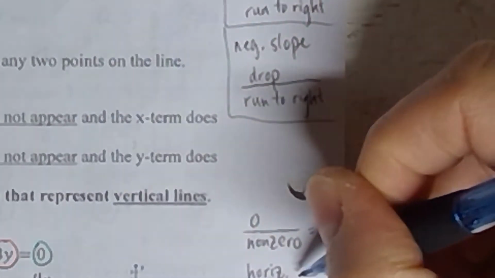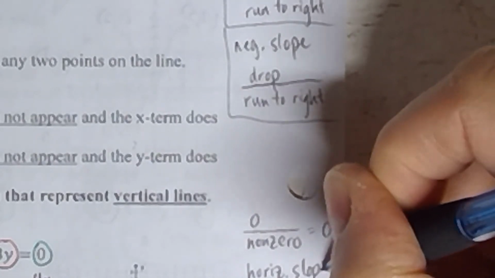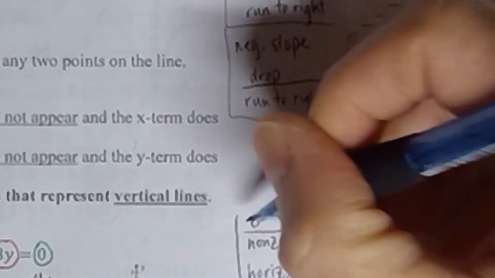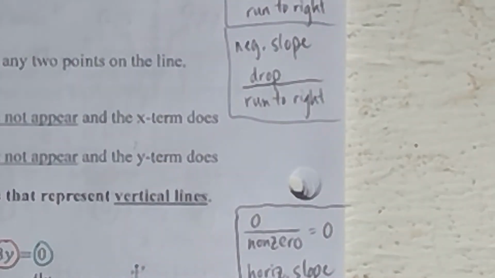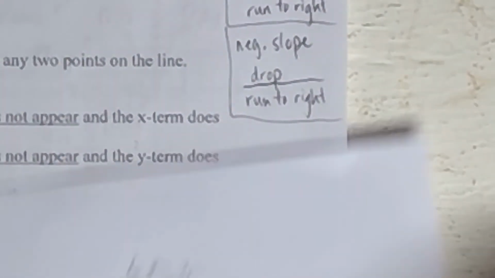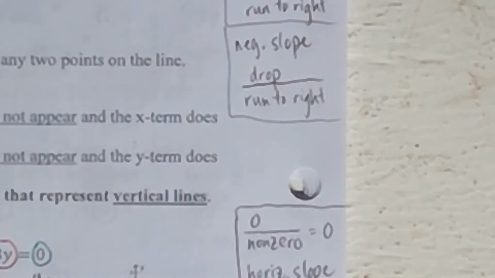In other words, it's a horizontal line. The slope for a horizontal line. But yeah, whenever you have 0 divided by a non-zero number, that is going to be equal to 0, and that's going to automatically, if your fraction is a slope, be a horizontal line.